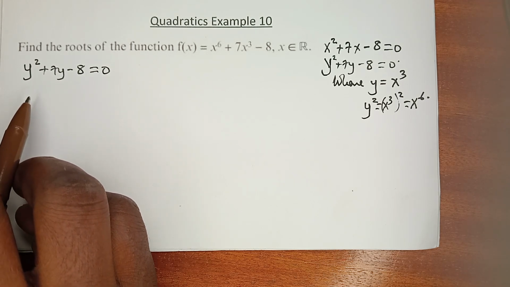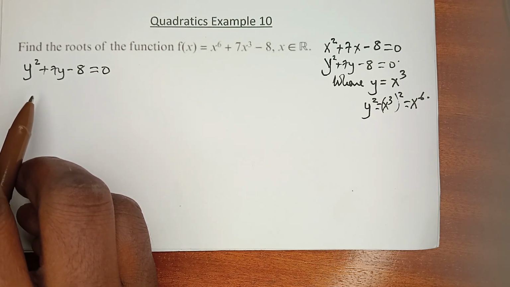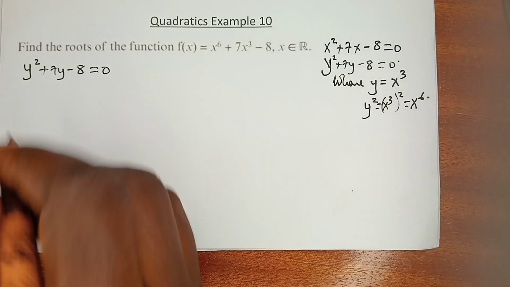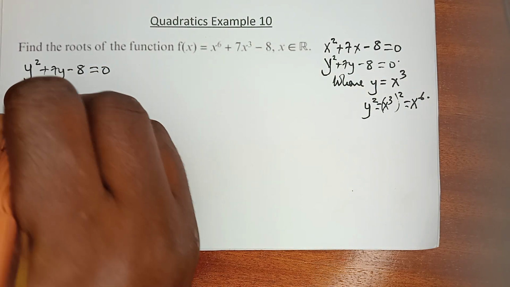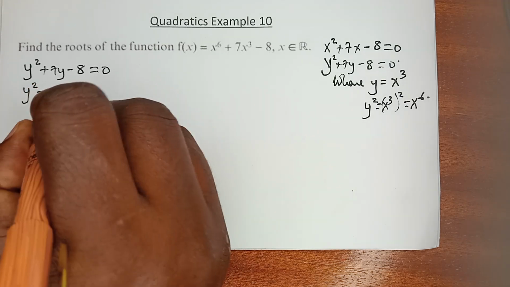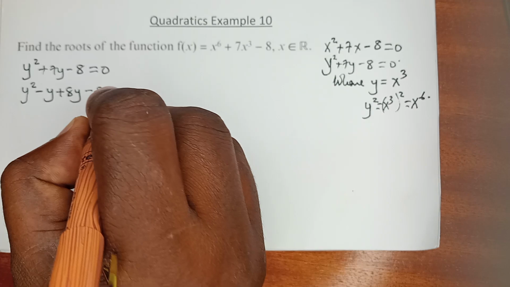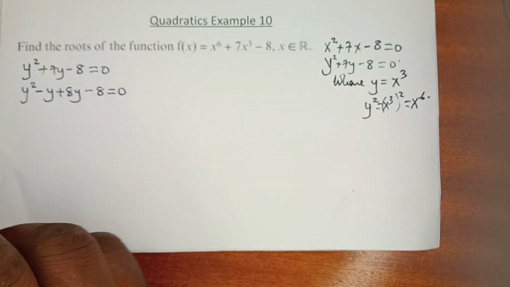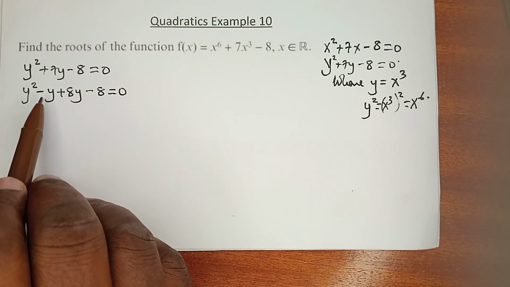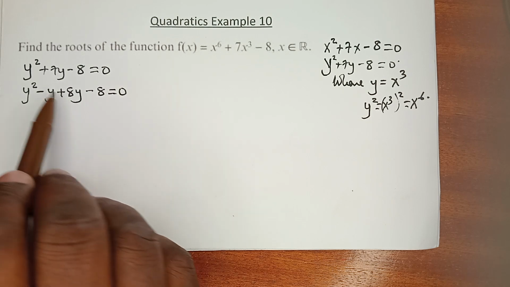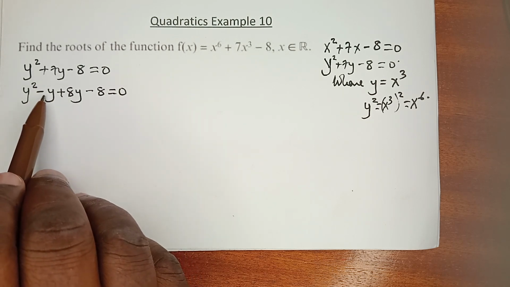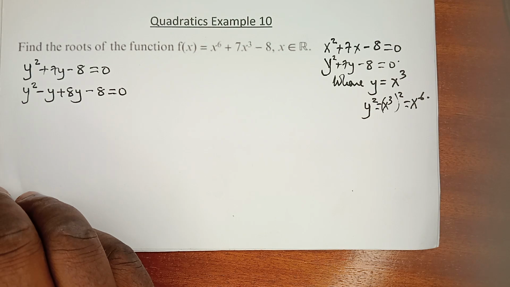The factors are like plus 8 and -1. So we have y squared minus y plus 8y minus 8 is equals to 0. You realize that -1 plus 8 is 7. -1 times 8 is -8.